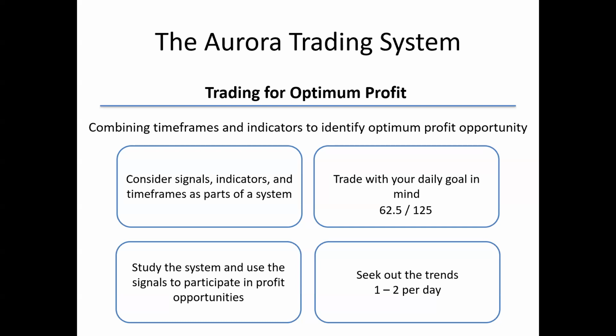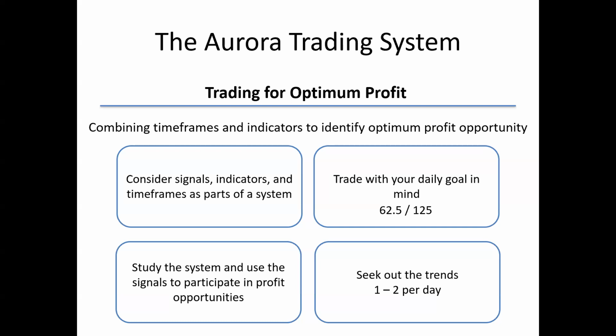In terms of trends, the biggest opportunity to earn your profits is seeking out the trends. No matter how frustrating a day is because it's choppy or something's going on that's just confining the market to a small range, whether it's an oil market or a NQ market or any other market that you may choose to trade.